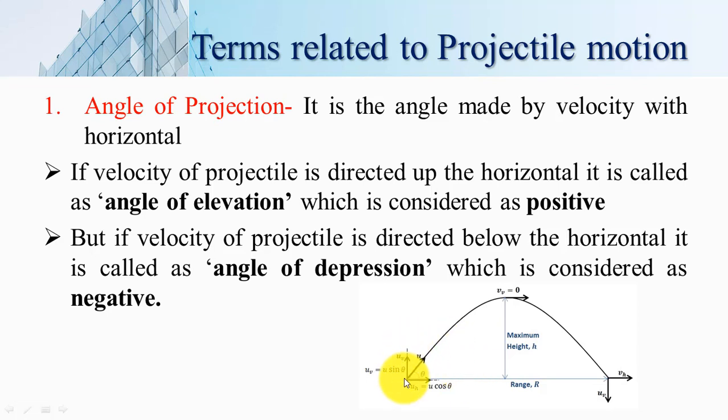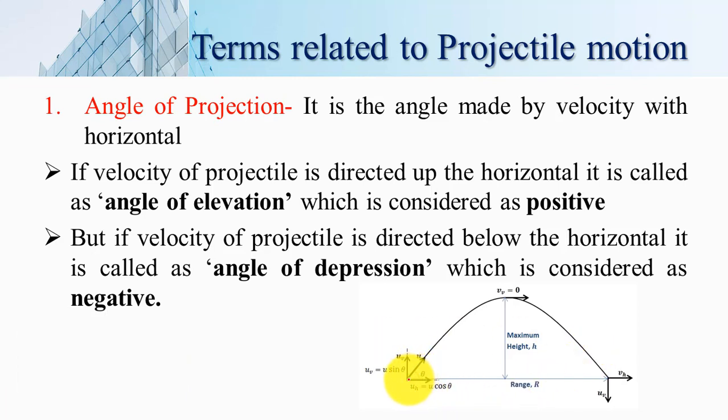If the velocity of the projectile is directed up from the horizontal, it is called the angle of elevation and it is considered positive. When the velocity of the projectile is directed below the horizontal, it is taken as the angle of depression and it will be considered negative.